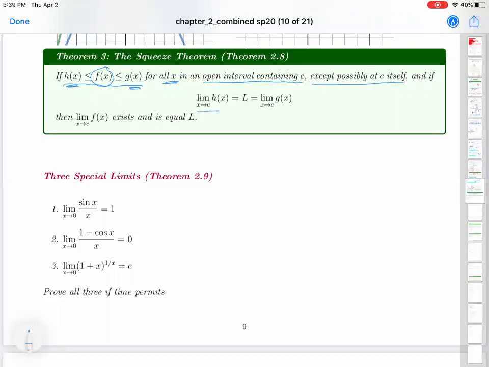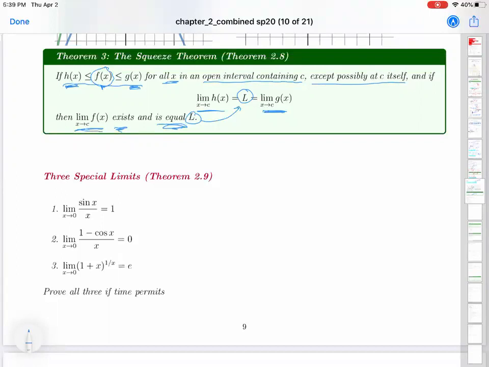And if the limit of h of x when x goes to c is the same as the limit of g of x when x goes to c, equal to a real value L, then you can conclude that the limit of the middle function f of x when x goes to c does exist and also equals L. So the limits of these three functions will all be equal to L.